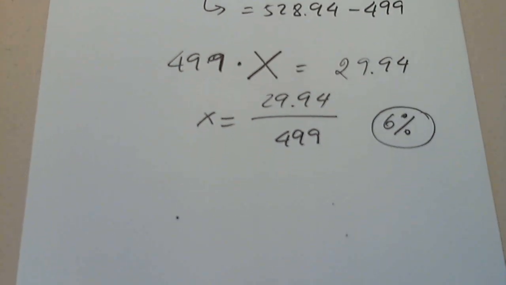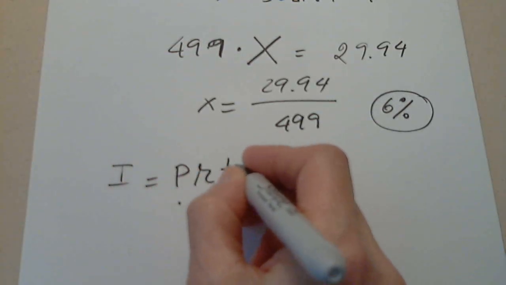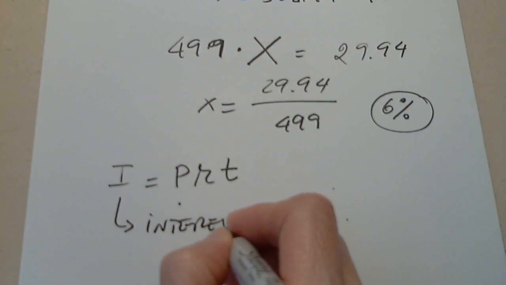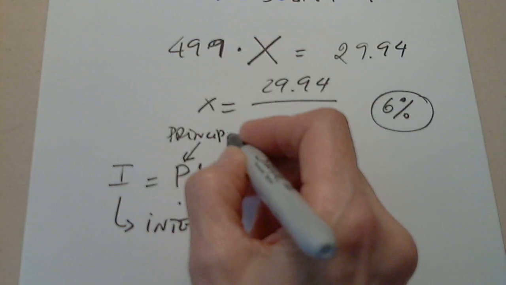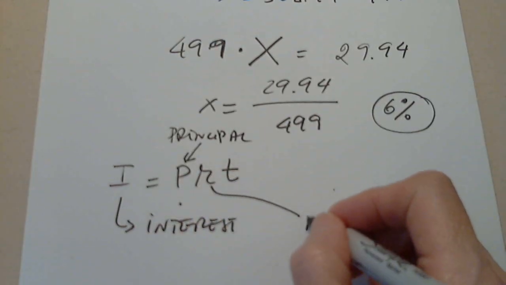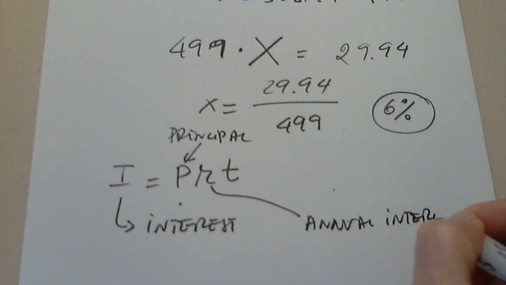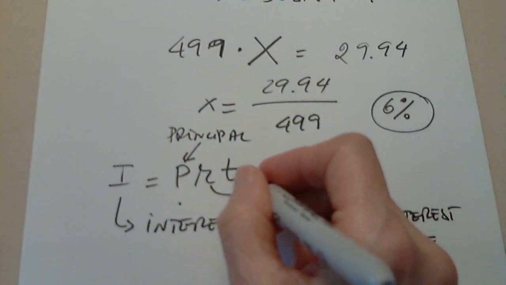So the simple interest formula is I equals PRT.